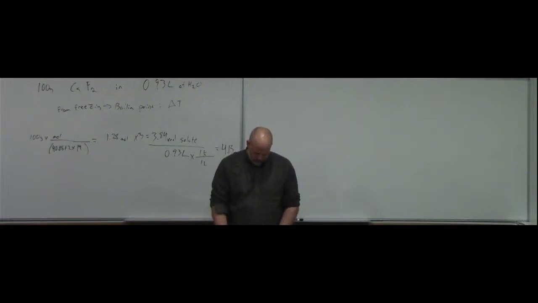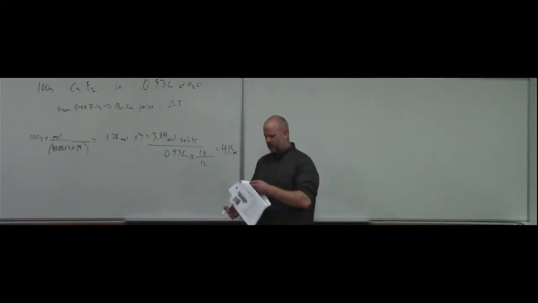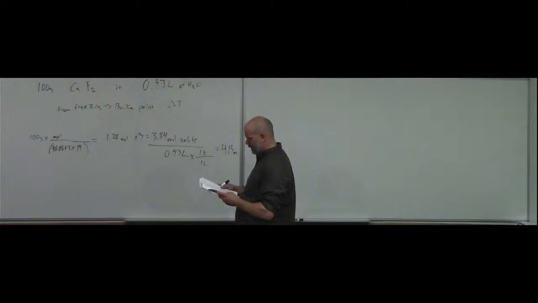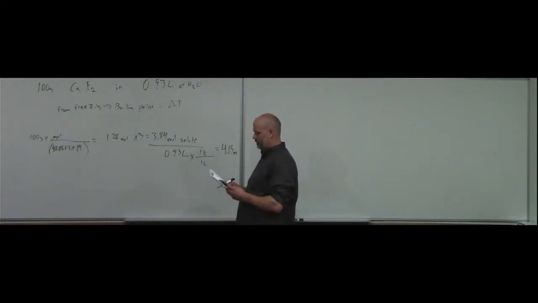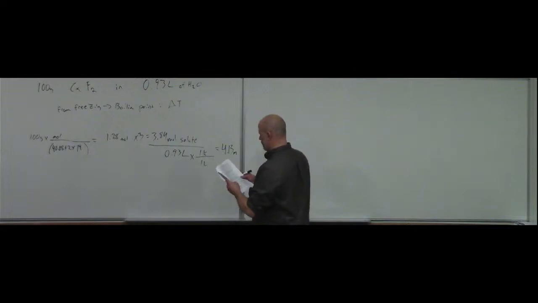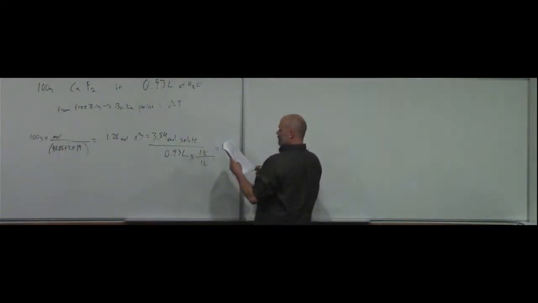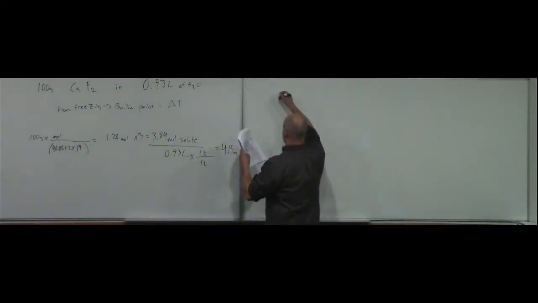Now, I can take that information and I can begin to plug things in, right? So my freezing point depression, boiling point elevation, I'm going to write both these up here, okay?